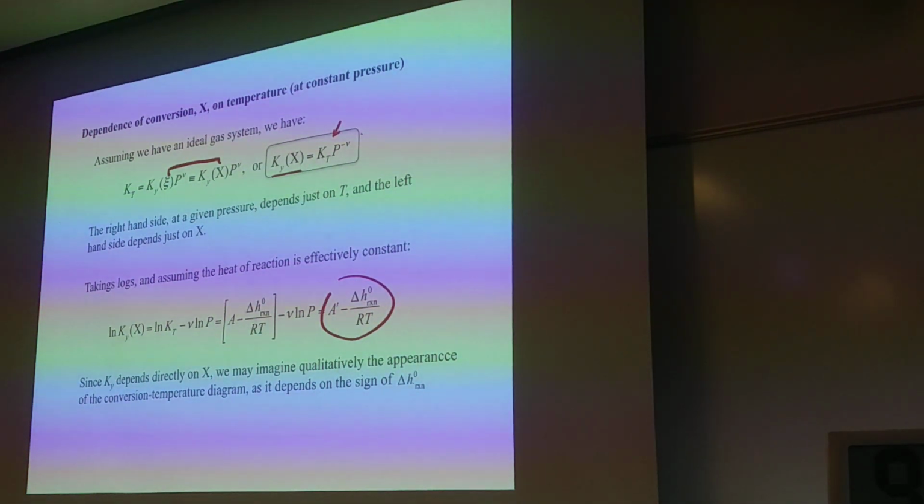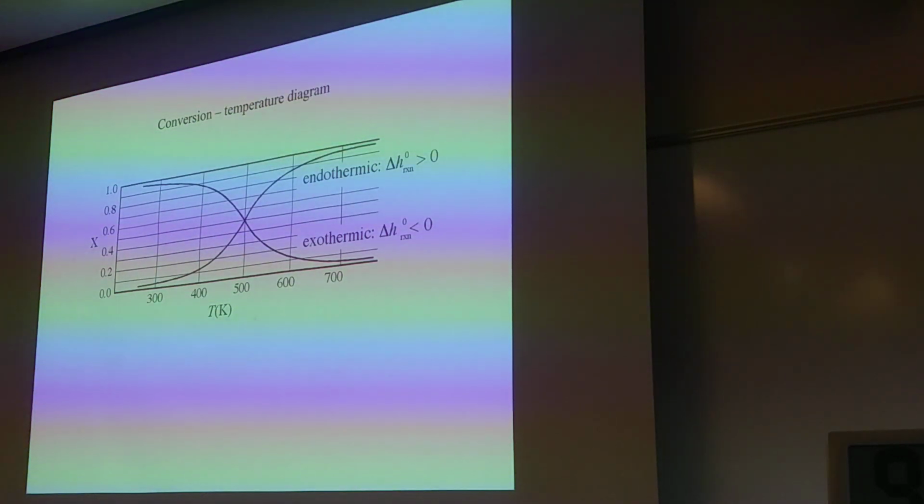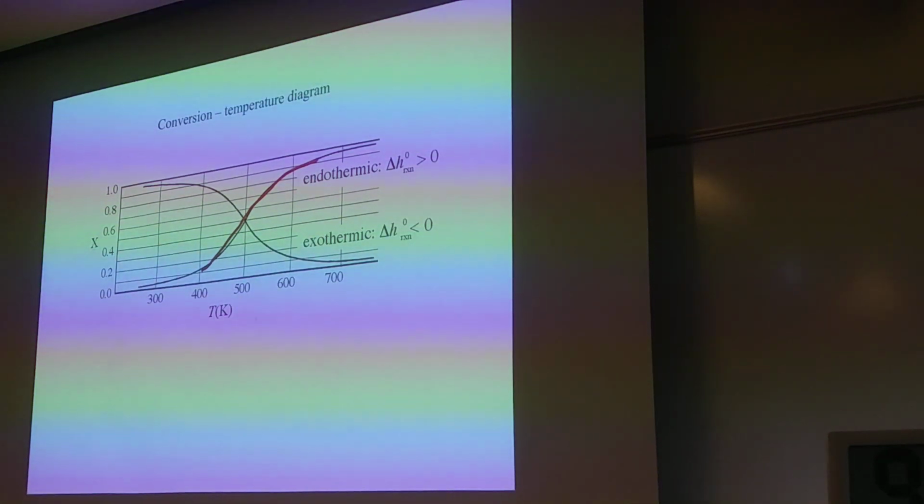Let's take a look at that. So if we had an endothermic reaction, then the conversion as a function of temperature would look like this. And what it tells us is that we won't get any conversion at all for an endothermic reaction, that's one for which the heat of reaction is positive, sucks up heat as the reaction proceeds, until we get to a high enough temperature.